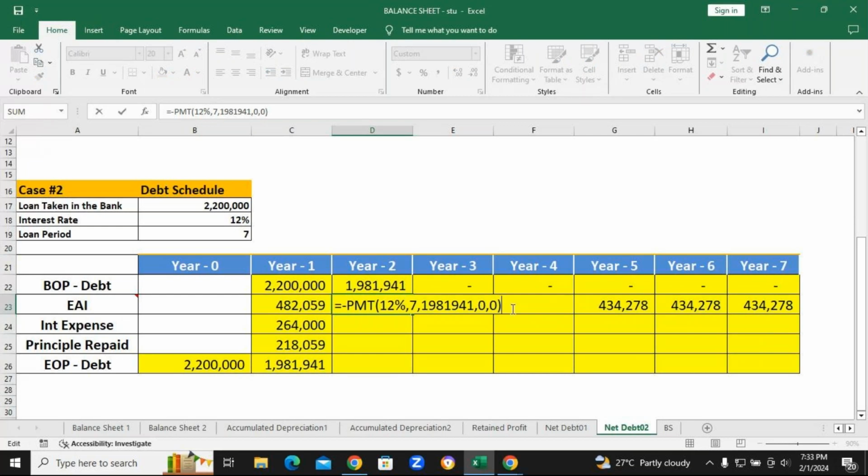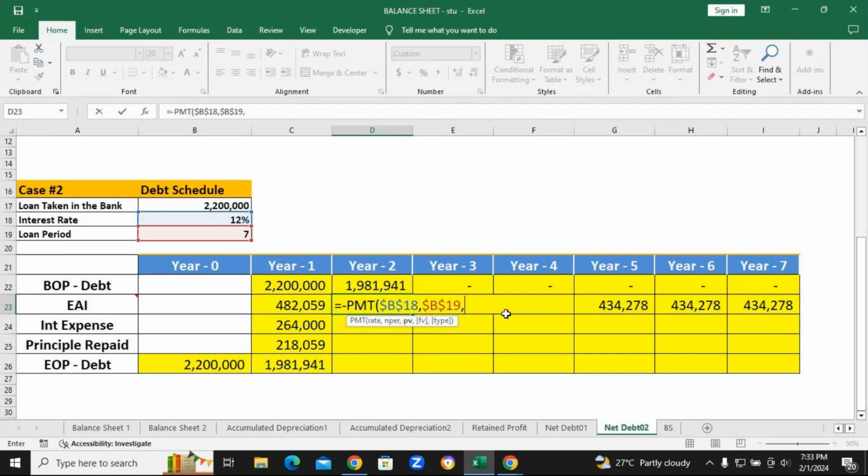So instead of doing this, we'll take this 12%. I will fix this using F4. Okay, comma, and the rate is done, NPER. So I'll take this one also and fix it using F4. That is the absolute reference we had done.